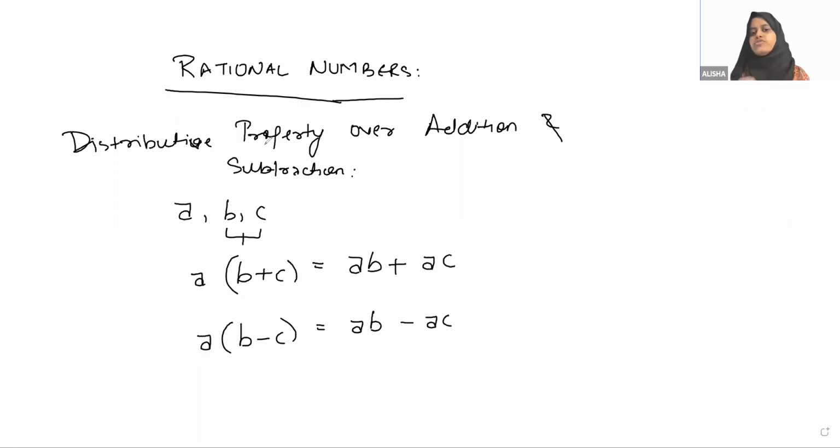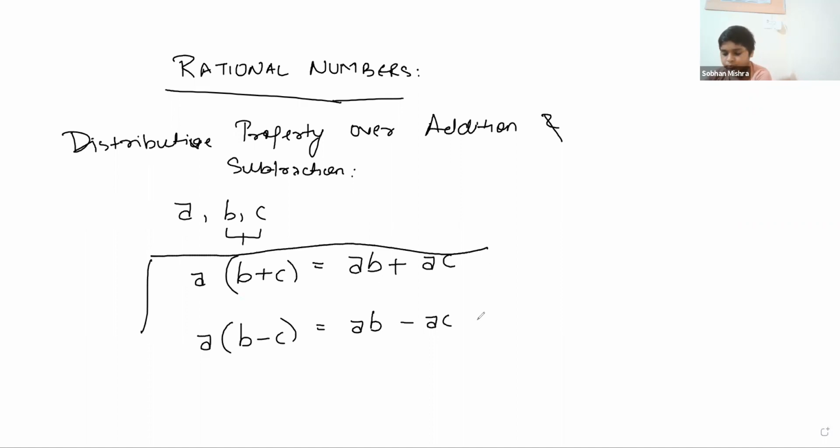Write a heading, distributive property over addition and subtraction. If three numbers, you wrote? You wrote this also? No, the subtraction part is left. Okay, right.